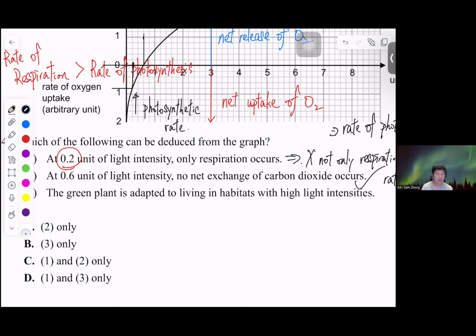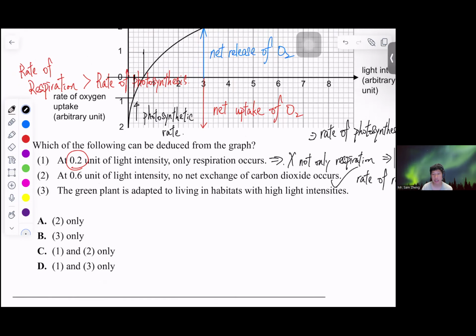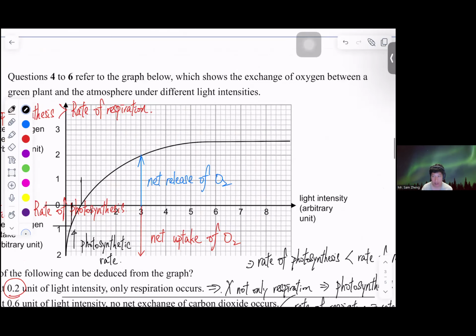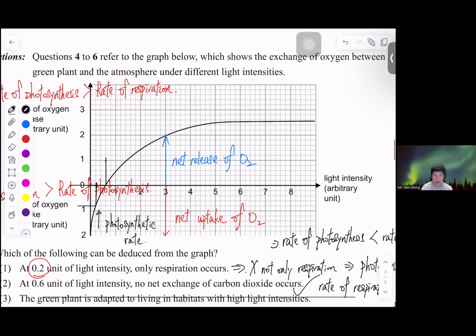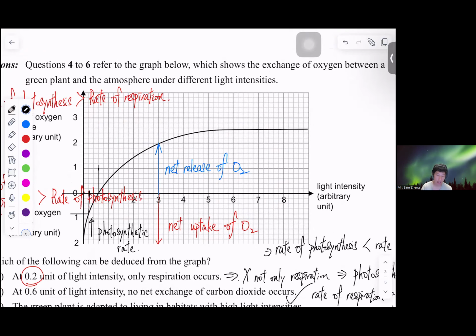Next, the green plant is adapted to living in a habitat with a high light intensity. If it is in a high light intensity, normally there will be a further increase in the net release of oxygen. Photosynthesis will occur at higher light intensity, and it will not just stop at 6.